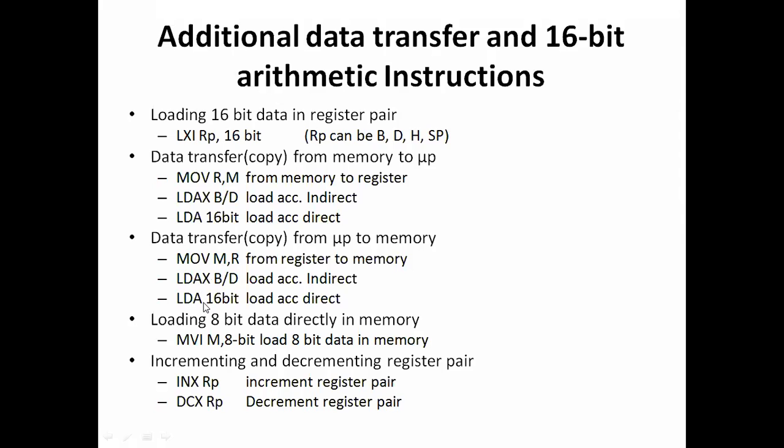And here it is not LDA, it should be STA 16-bit address, which is going to store the content of the accumulator into the memory location whose address is defined by this 16-bit number.